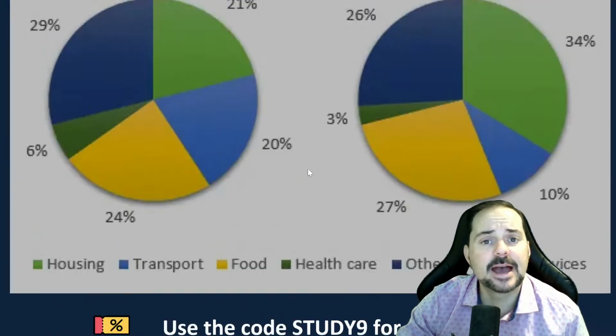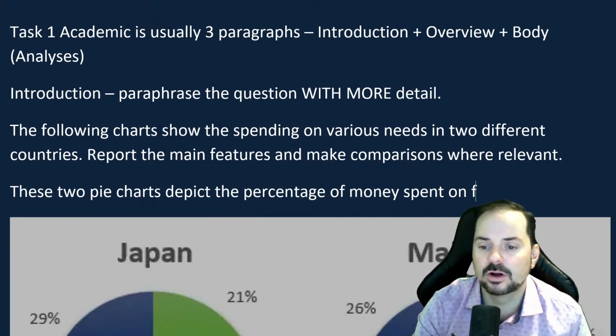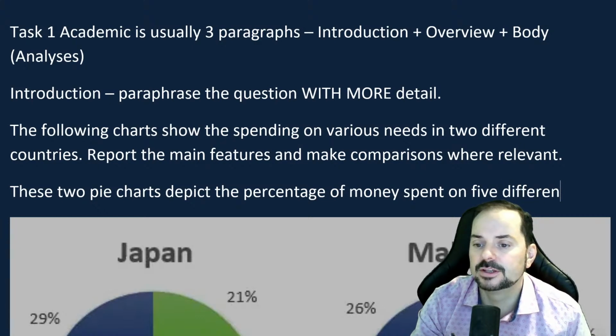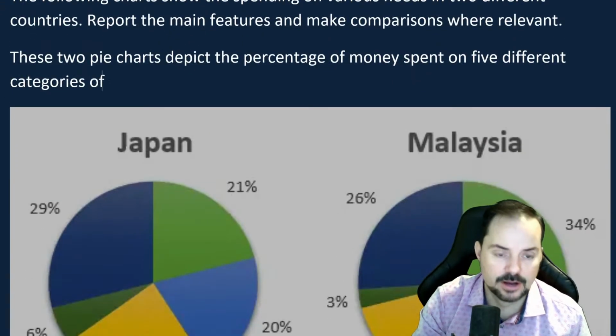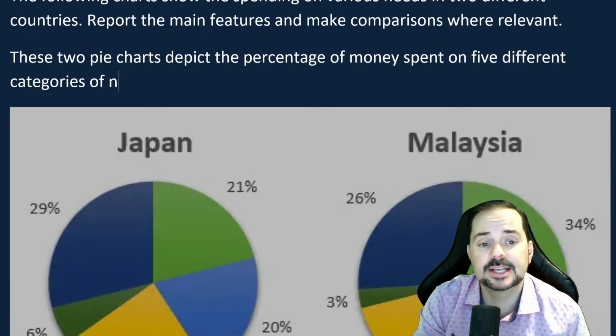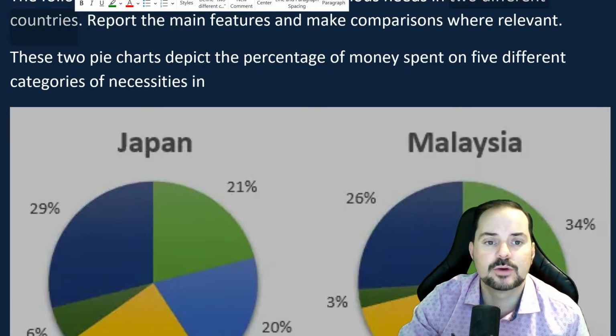So again, I'm adding numbers, I'm adding details. So these 2 pie charts depict the percentage of money spent on 5 different categories of, instead of needs, I can write necessities. Necessities.